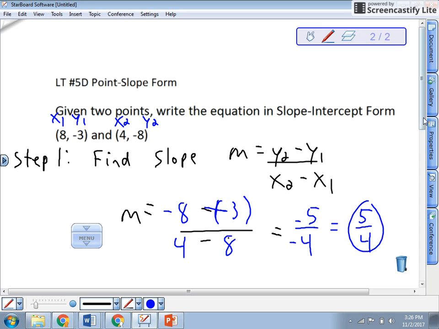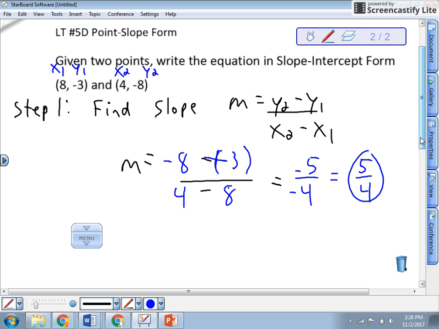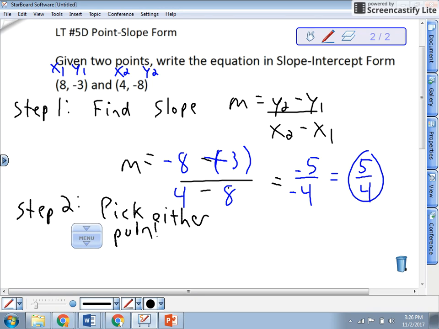Okay, step 2 now. So now we've got the slope and we've got points up there. So step 2 is going to be pick either point and put it into point slope form.